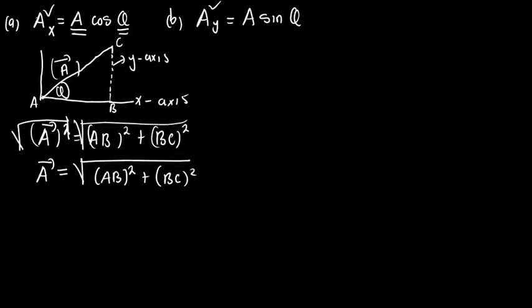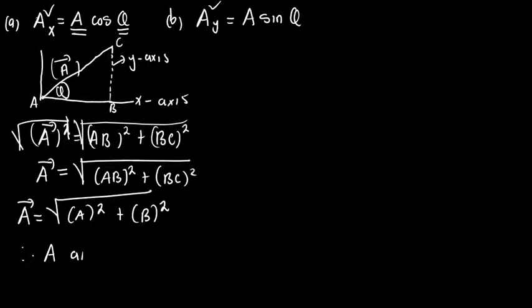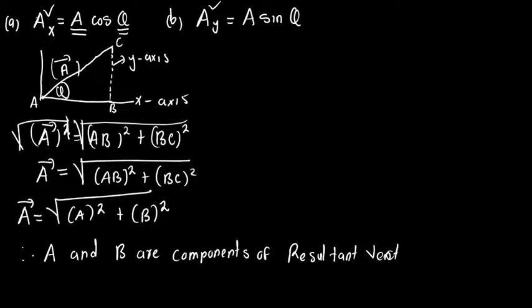In this case, I can simplify everything by simply saying the resultant vector can be found using this formula: the square root of A power 2 plus B power 2, where A and B are components of the resultant vector A. Now look at this.